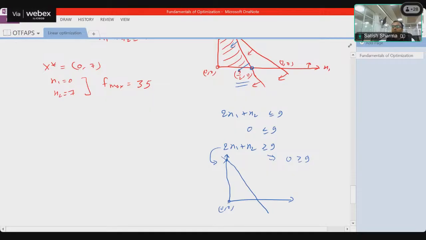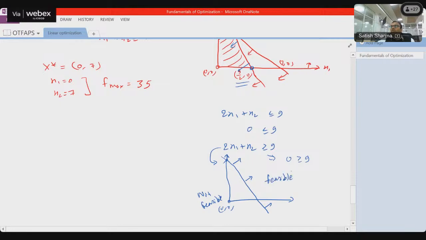It means this point is not in the range of this particular condition. So I can say that the feasible region will be on the opposite side, and this side is not feasible.